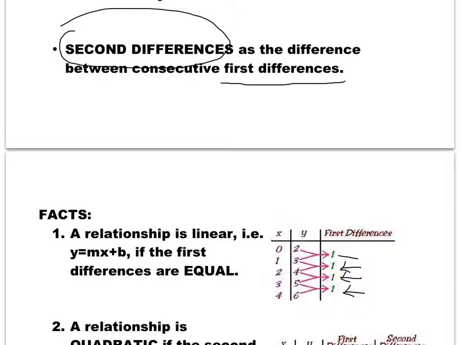Since all the first differences are equal, the same number, which is 1 in this case, we call this a linear relationship. And a linear relationship has an equation of the form y = mx + b, where m is the slope and b is the y-intercept. We knew this from grade 9.